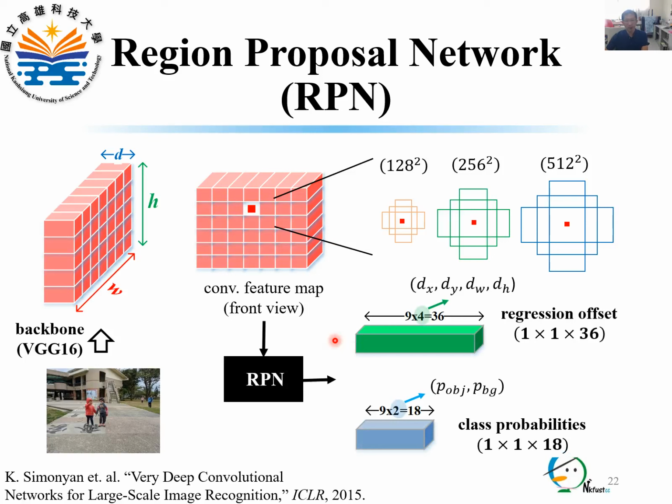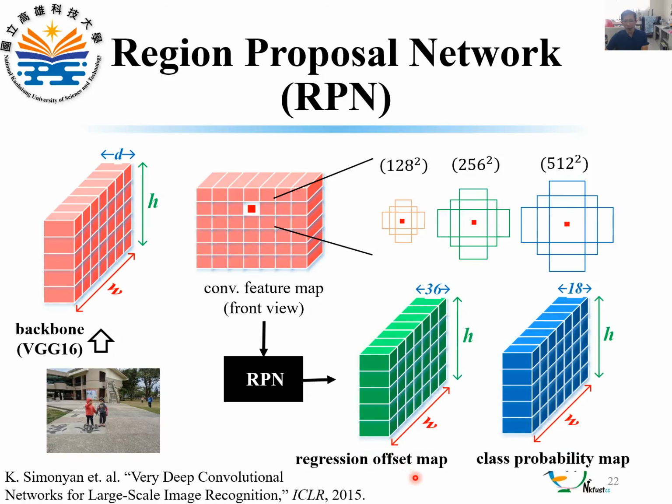Then, RPN predicts 4 tuple regression offset and 2 tuple class probabilities for each anchor. In other words, RPN predicts 9 times 4 regression offset and 9 times 2 class probabilities for 9 anchors at every point.